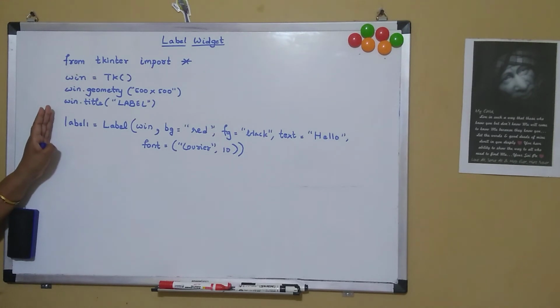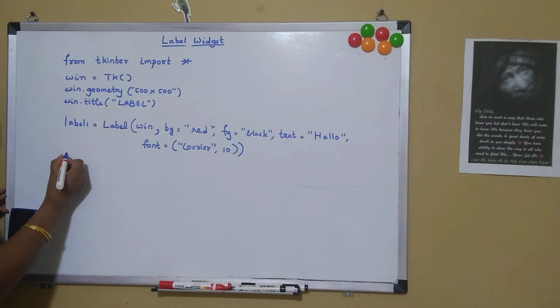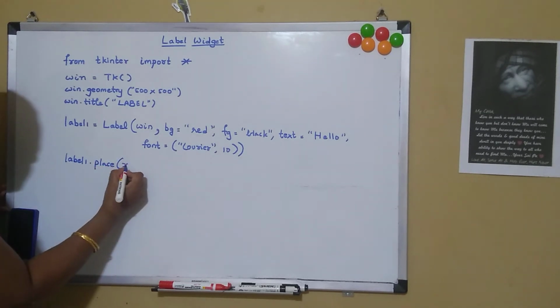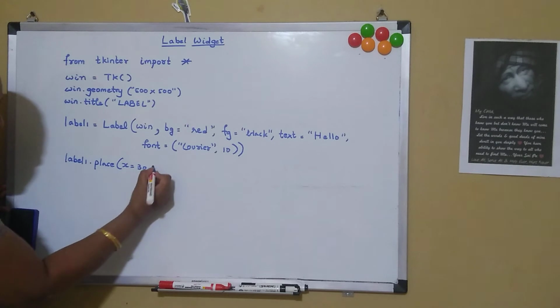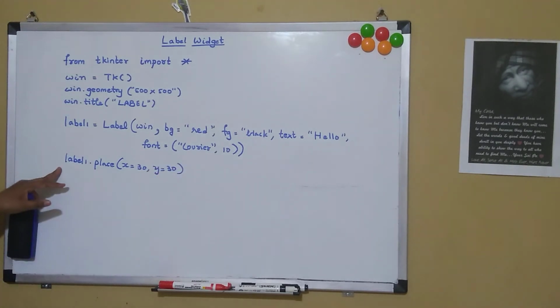After creating this label widget, now we have to place it on the main screen. We have to position it on the main screen. For positioning it, let me say label1.place. I am using the place method in the geometry manager. Let me say x is equal to 30, y is equal to 30. So this I am placing.